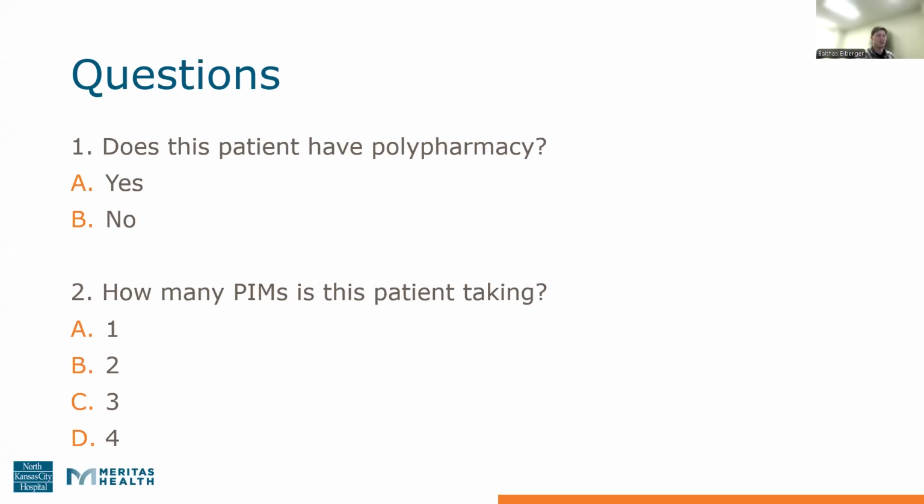And then the other potential medication was aspirin. From the 2023 updates of the Beers criteria, it basically says not everyone should be on aspirin if they don't have a reason to be on aspirin, especially as we get older.